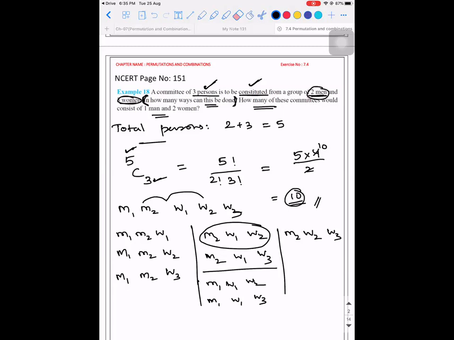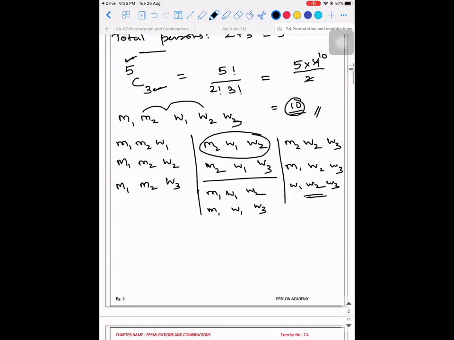M1, W2, W3. How many are over? 3, 4, 5, 6, 7, 8, 9. One more. W1, W2, W3. I wrote it, no? No, I didn't write. Okay. So you're able to understand. So these are all the 10 ways in which you can do.